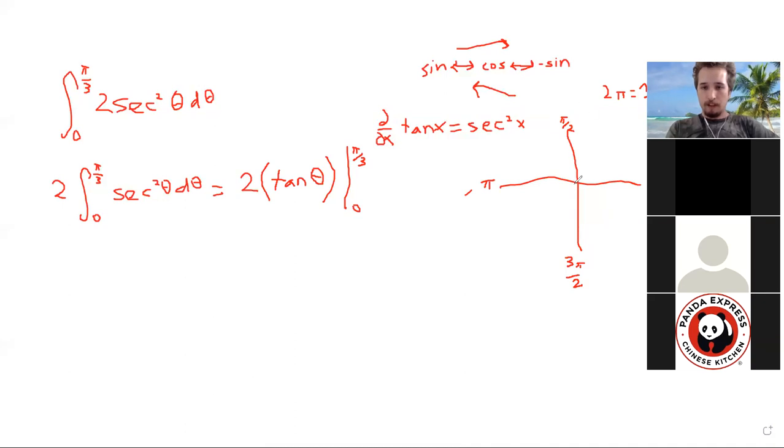In this case, the midway point between 0 and pi over 2 is pi over 4. So pi over 4 is equal to 45 degrees. And then pi over 3 is equal to 60.